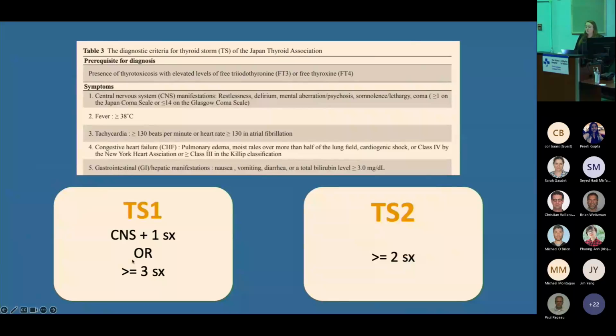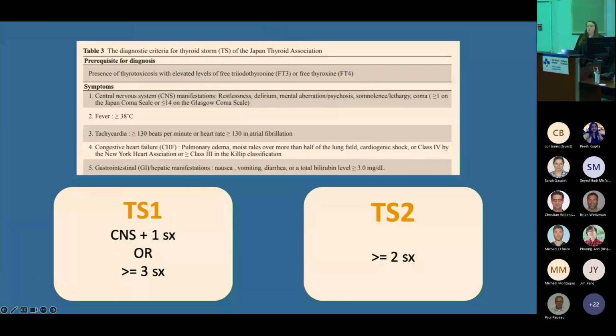In comparison, the tool by the Japanese Thyroid Association that was published in 2011, or the JTA, is a tool that ultimately classifies individuals based off of 5 symptoms. Those 5 symptoms are central nervous system manifestations, so things like delirium, altered mental status, or coma, fever, tachycardia, presence of congestive heart failure, or presence of GI symptoms.